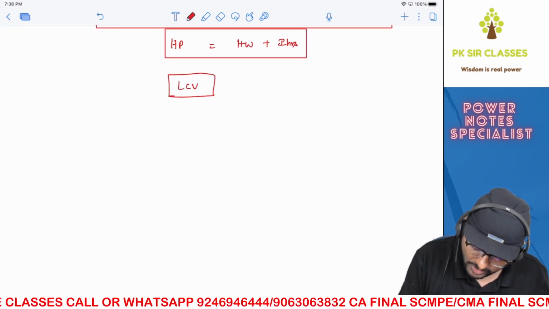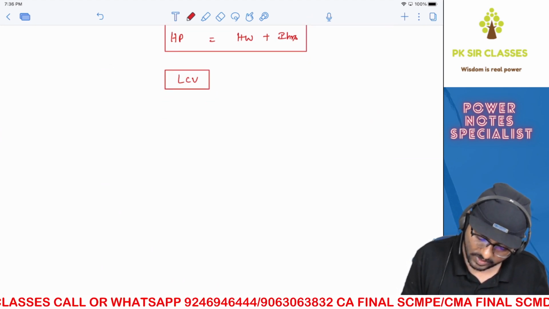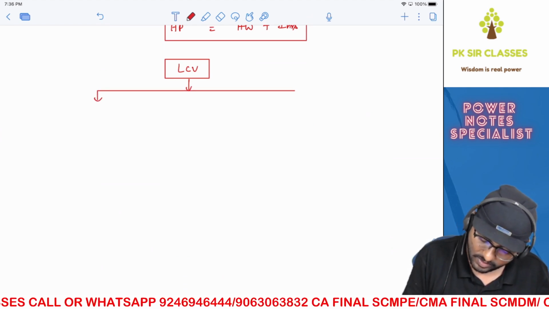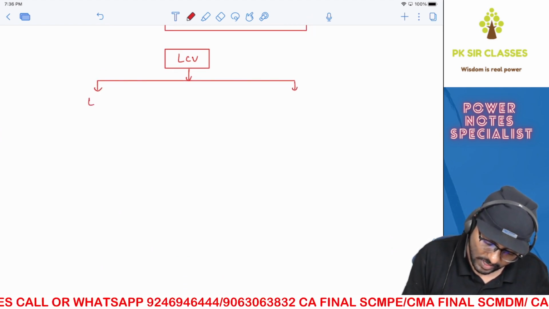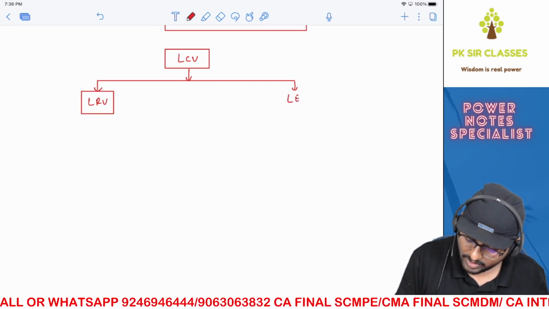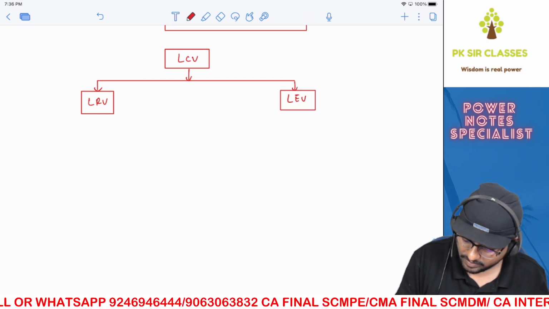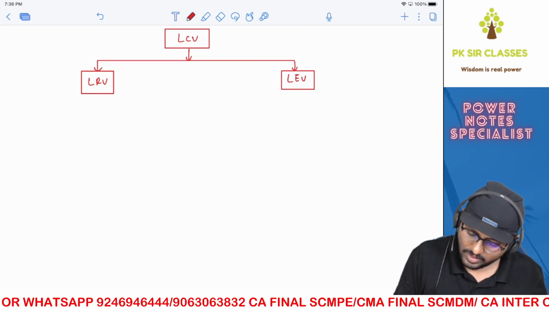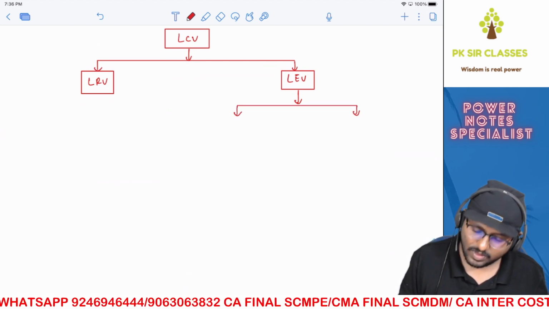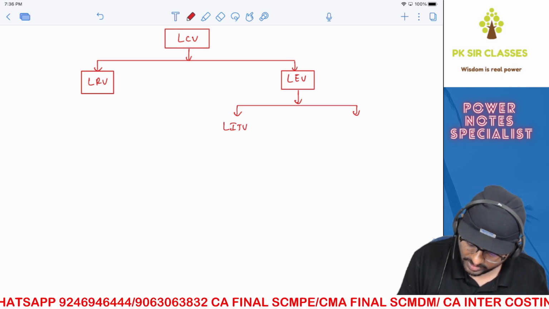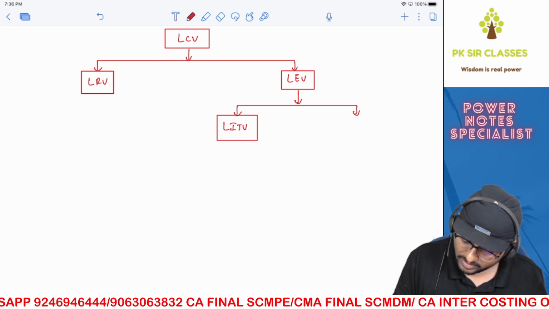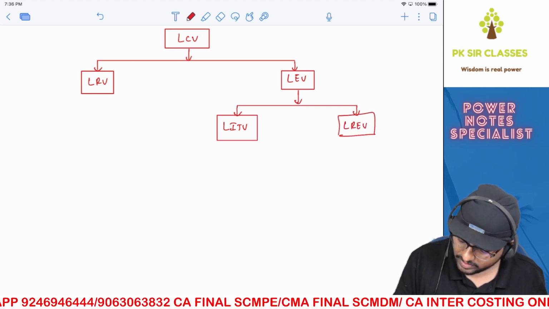So labor cost variance is divided into labor rate variance and labor efficiency variance. Labor efficiency variance is further divided into labor idle time variance and labor revised efficiency variance.